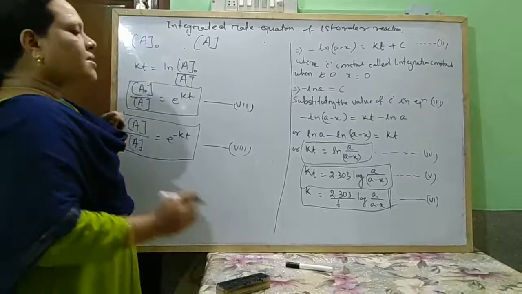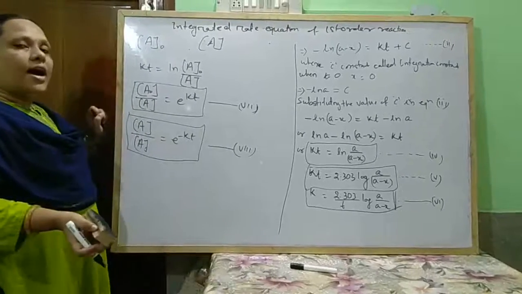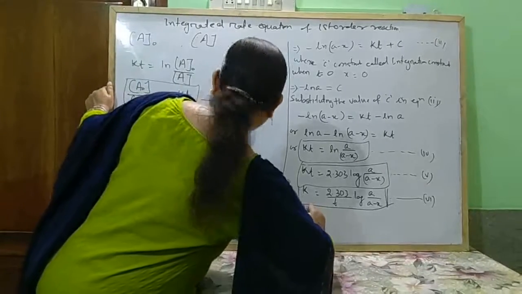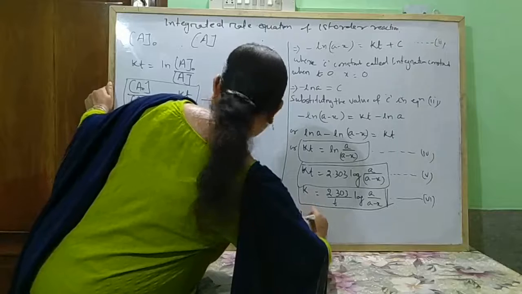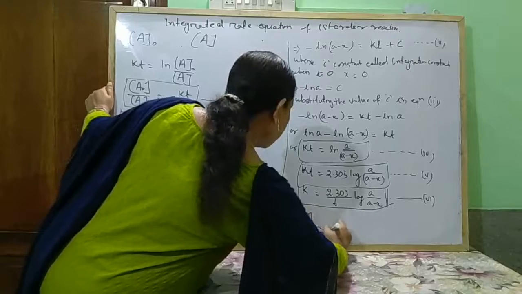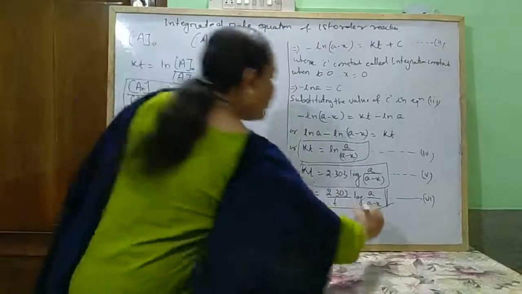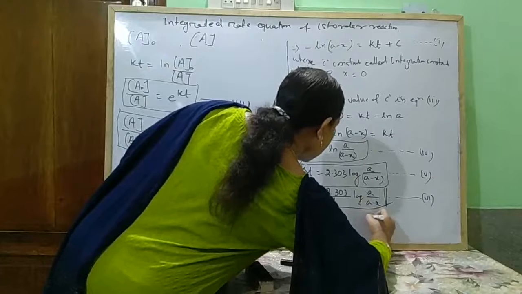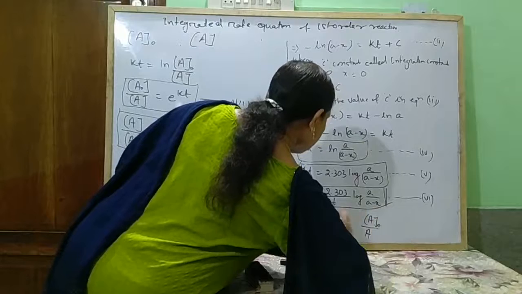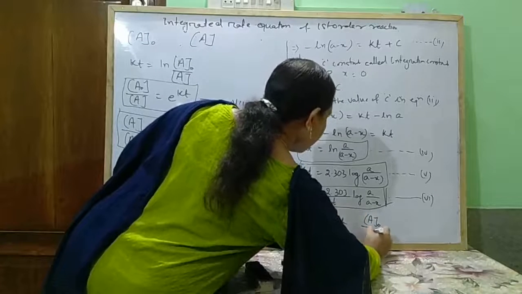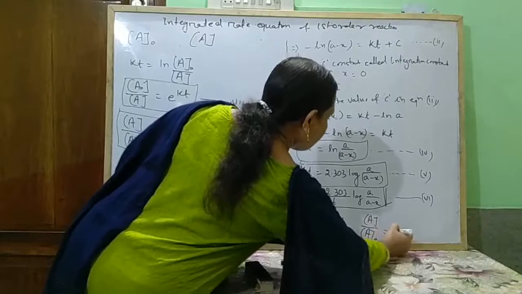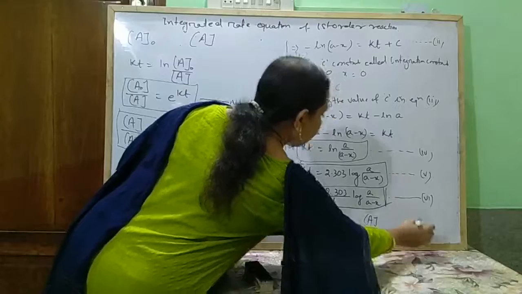Okay. So next, come to what is half-life period. Remember these equations. I am writing here a naught by a equal to e to the power kt, and another form, the reciprocal of this, a by a naught equal to e to the power minus kt.